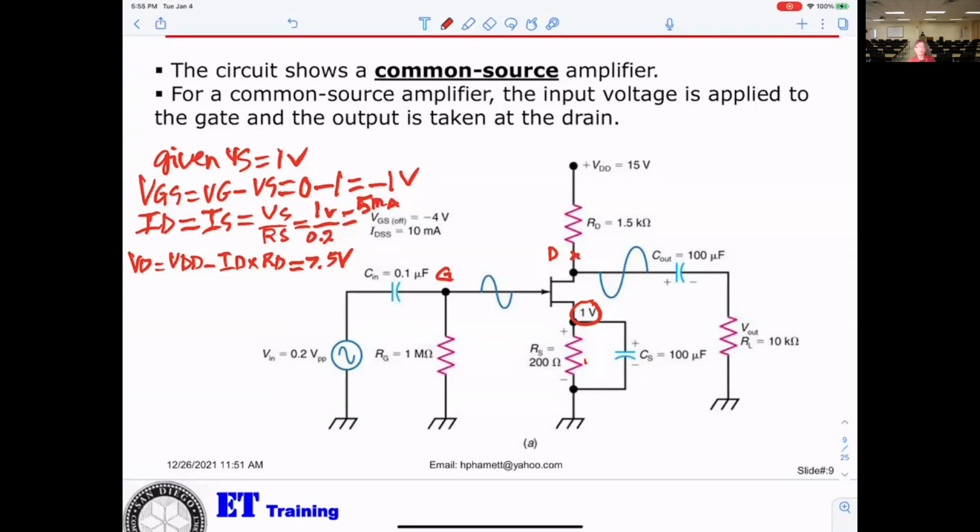The thing is, C out blocks the DC. The last capacitor is CS, 100 microfarad, and that will be a bypass capacitor, same thing like in the bipolar.